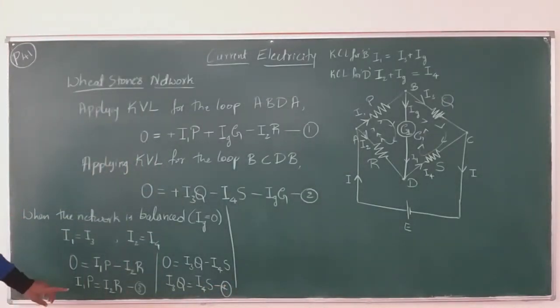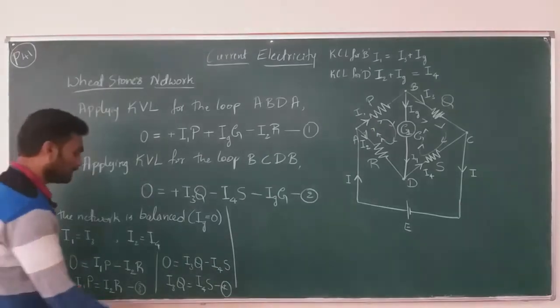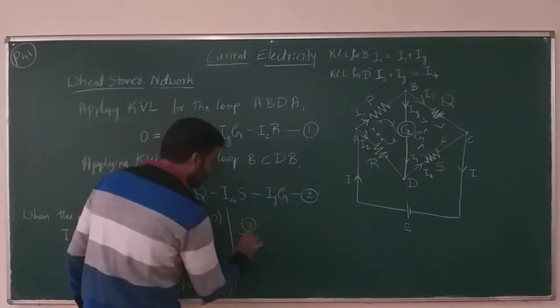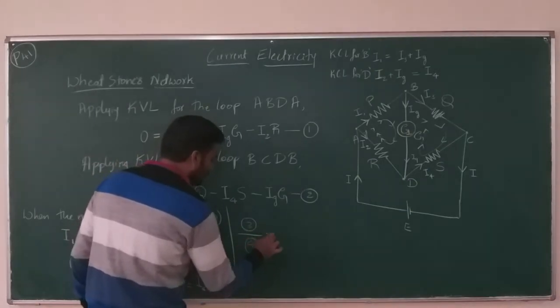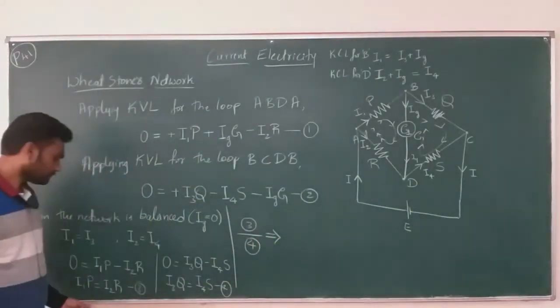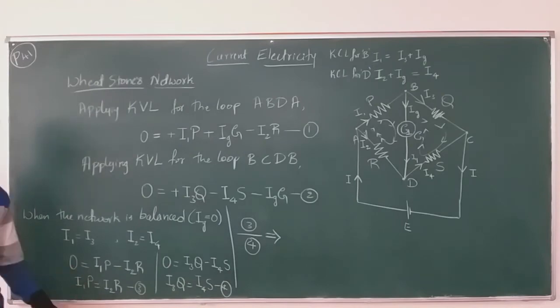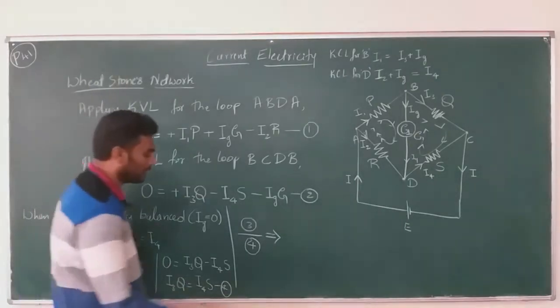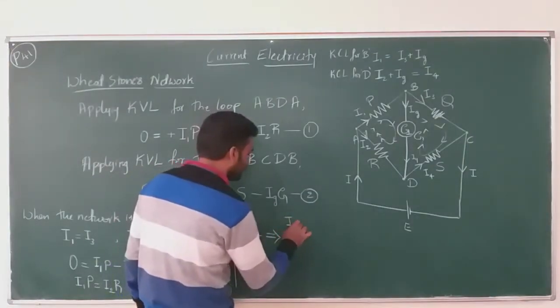Now, dividing equation 3 by equation 4, okay? When I divide equation 3 by equation 4, I get, look at this, LHS by LHS, RHS by RHS, I1P by I3Q, right?